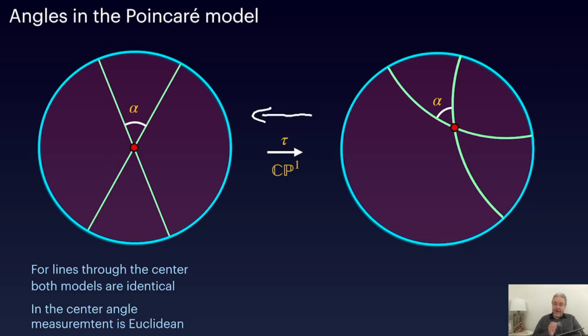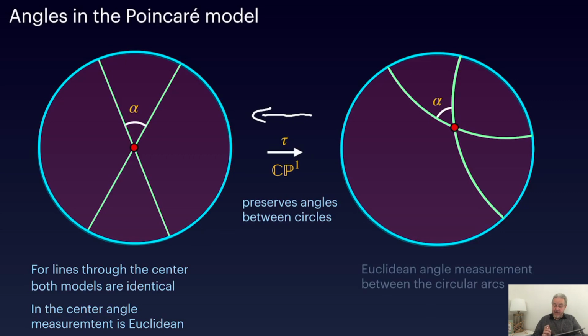But projective transformations in CP1 don't change the angles between lines. So the angle that you measure here must really be the same that you measured here. So it is the angle between these circular arcs. So one calls this property conformality.